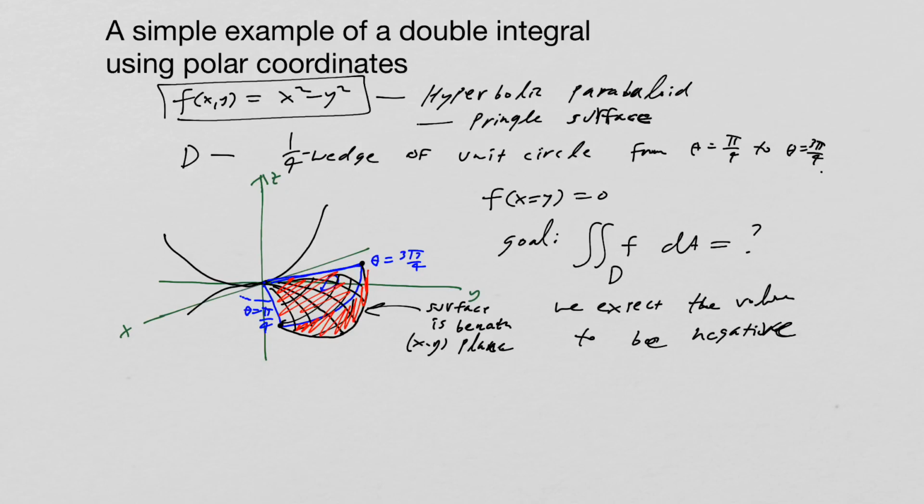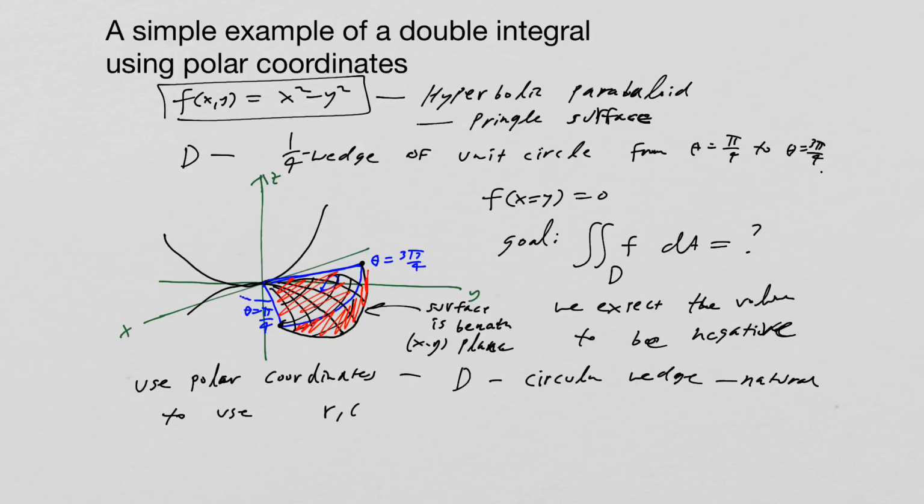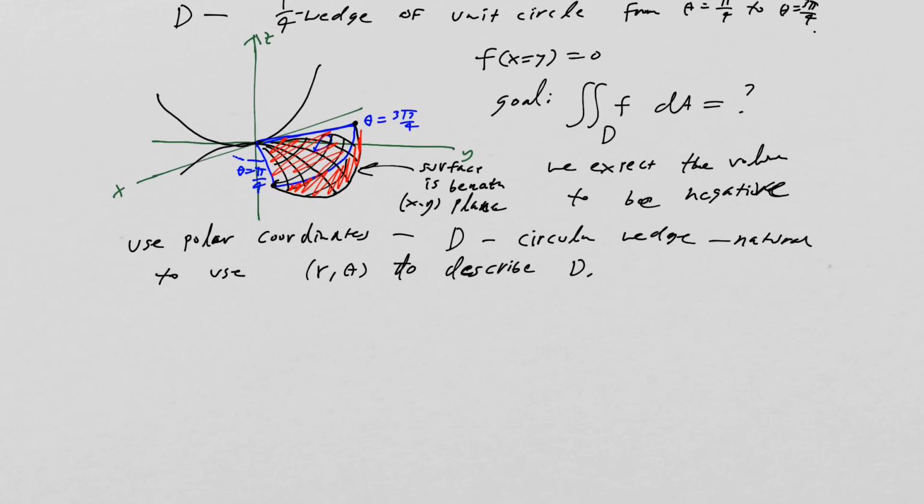Okay, so to get started, we're going to use polar coordinates. Because of course D is a circular wedge, it's natural to use r and theta to describe D. So our task is always going to be to take this integral and fill in all these blanks.